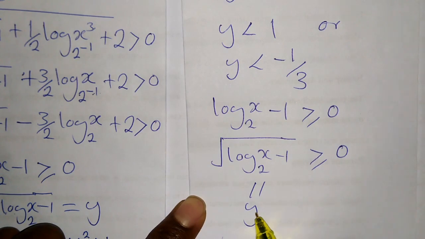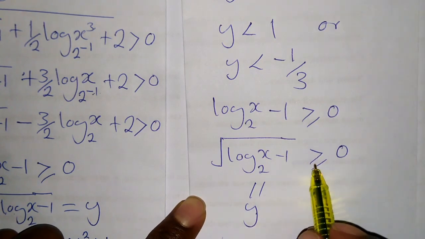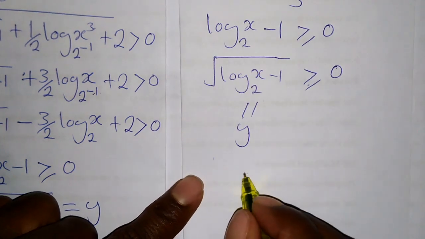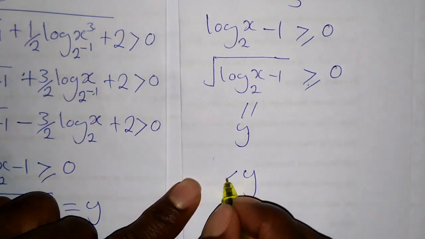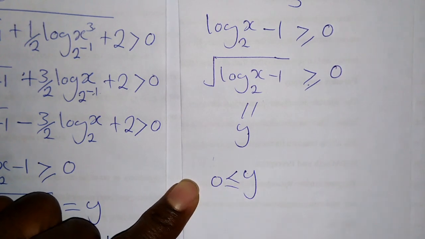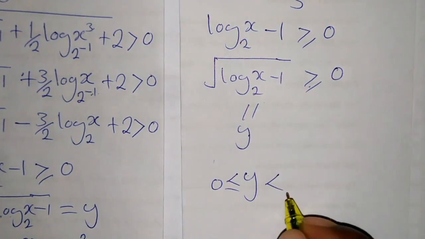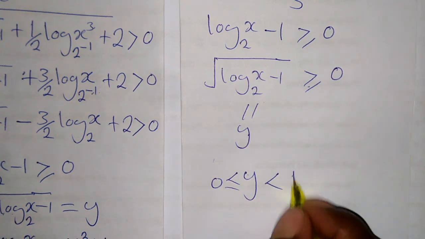If y is greater than or equal to 0, therefore our value of y will be greater than or equal to 0 but less than 1.